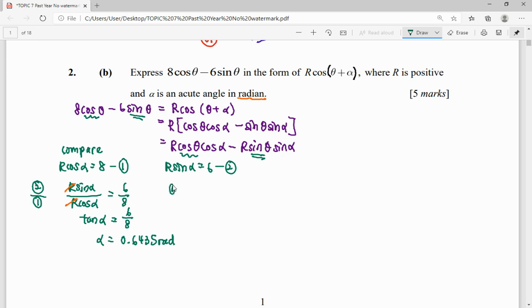Then we'll take equation 1 squared plus equation 2 squared. At the same time, I factorize out my r terms. So r square I take out, leaving here sine square alpha plus, from our equation here, as I take out r square, leaving cos square. So the value will be 6 square plus 8 square.